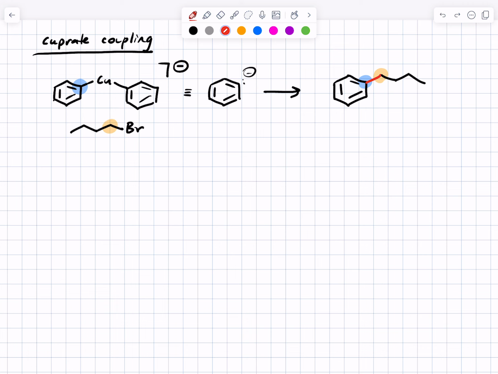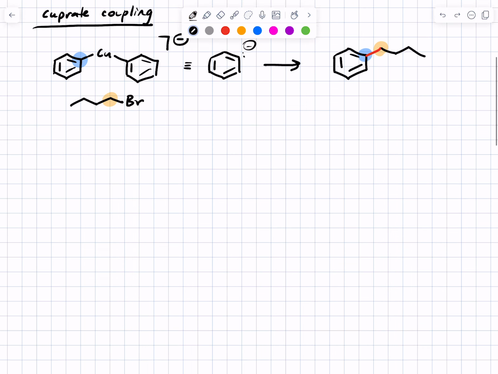If you think about the cuprate as a carrier of anions, you could imagine doing here what we used to do for Grignard additions to carbonyls. That is, the carbon leaves the metal and then attacks the antibonding orbital and breaks the carbon halide bond. That's simple, it's easy, it makes sense, and it is wrong, unfortunately.